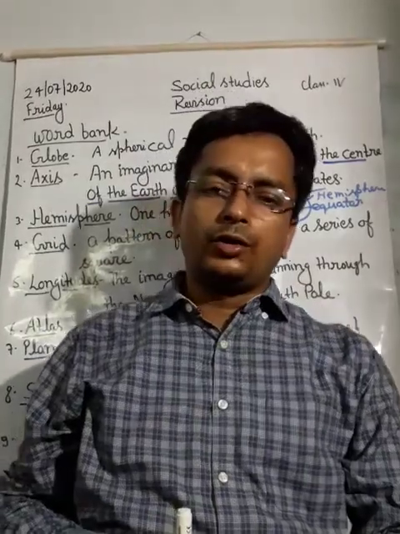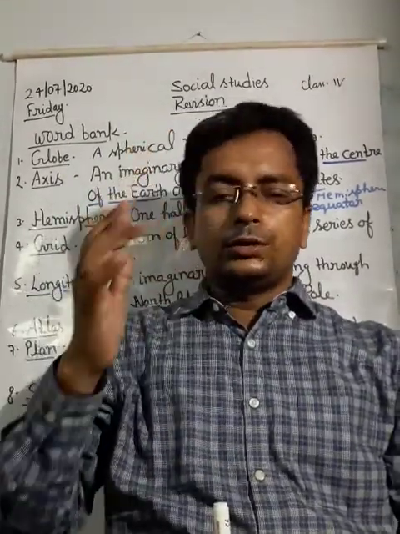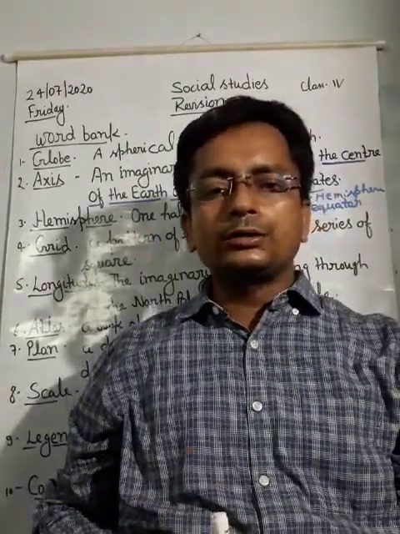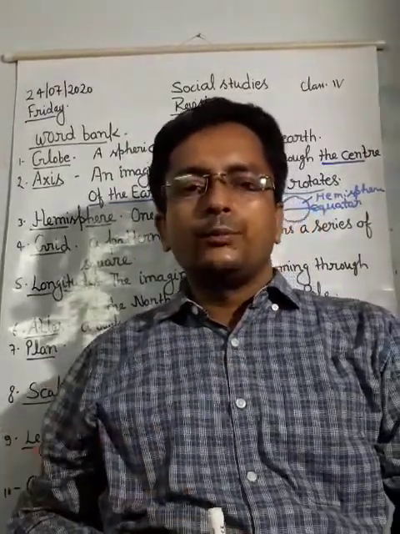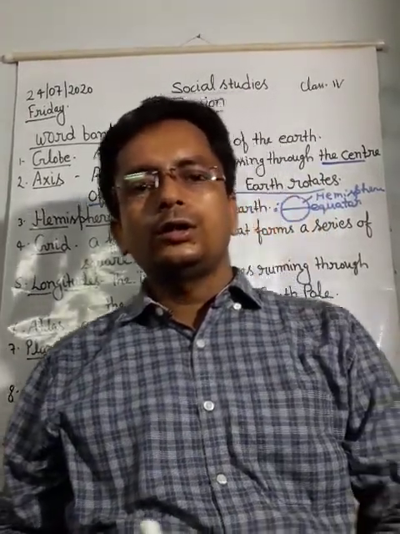Latitude and longitude both cross over each other and make a series of squares, that is called a grid.